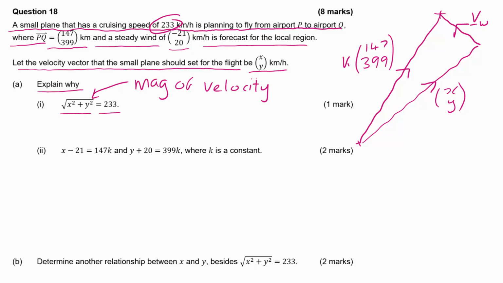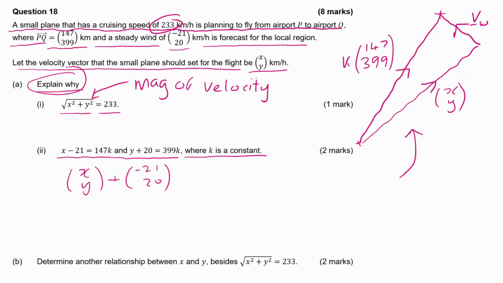Now, x minus 21 is 147k, and y plus 20 is 399k, where k is a constant. We've got to explain why. So my diagram here explains why. We can see that (x, y) plus the velocity of the wind, which is (-21, 20), is going to be some scalar multiple of (147, 399).